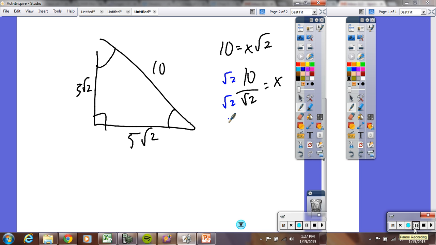So therefore that's 10 root 2 over 2 equals x, which is x is 5. Now, James thought about that a lot quicker than the way I did it, right? That's fine. But is it always going to be as easy as James just had?